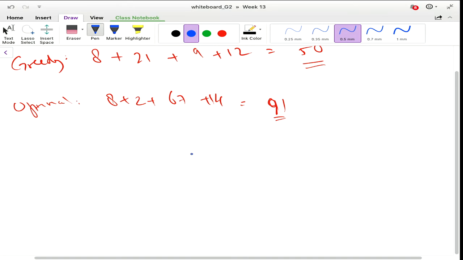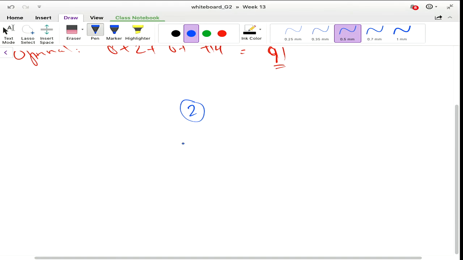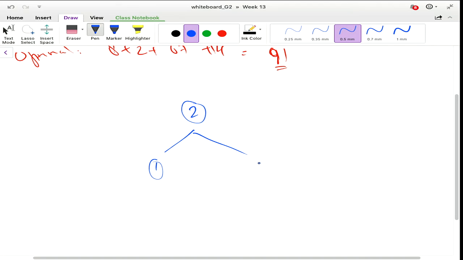So for example, we can create a simple tree here. Let's say you start from 2. Then you have 2 branches. You can create one to be a small one, another one to be a big one. But the small one, which is bad in the short run, may eventually create big values down the road, right?